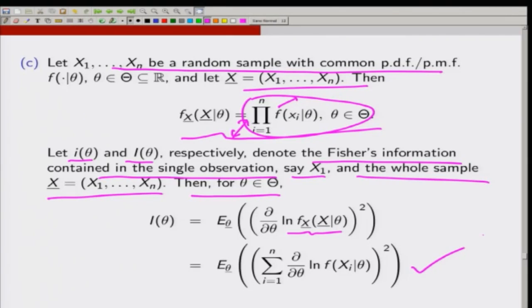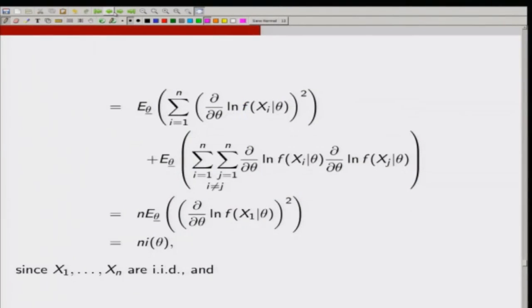So this would have the summation of squares plus the summation over i not equal to j of cross product terms, because it is a square of a summation. That is what we do over here: the summation of squares and then the cross product terms.